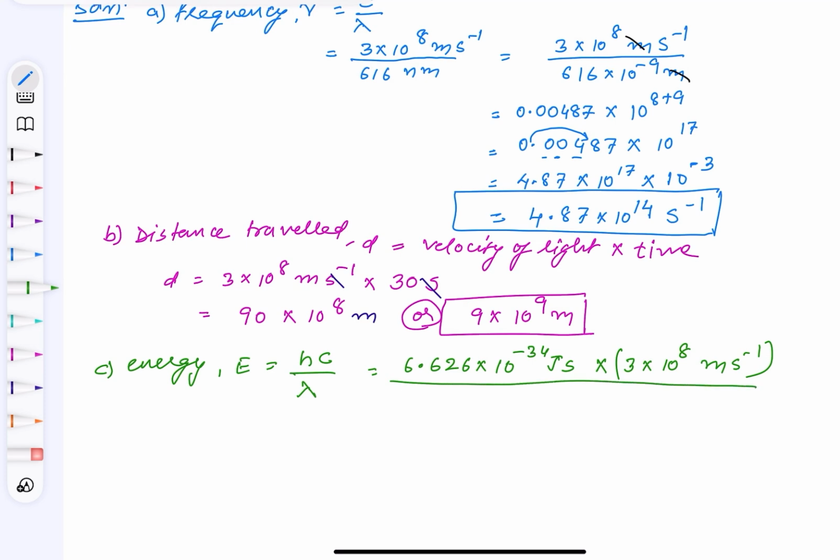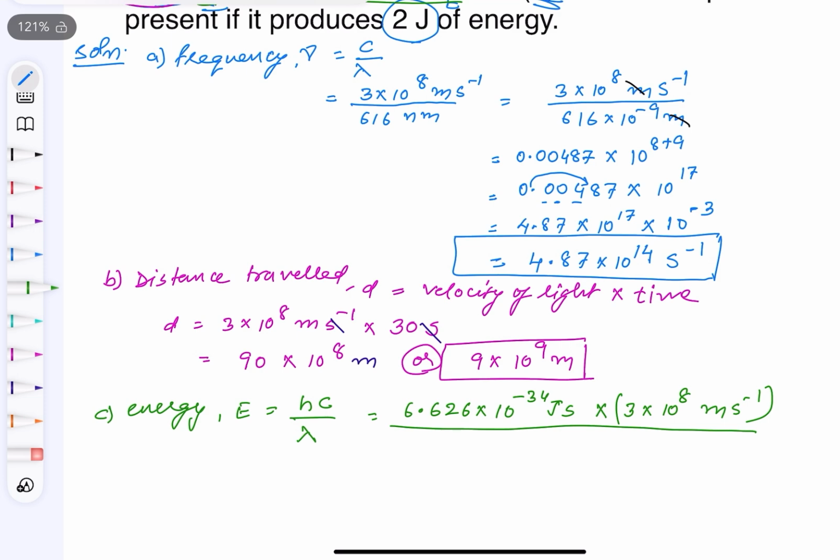In the previous part we have used lambda as 616 nanometer. So it is 616. Let us take it in meter, so we write minus 9 meter.